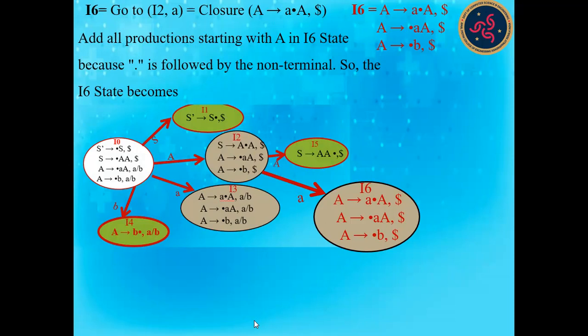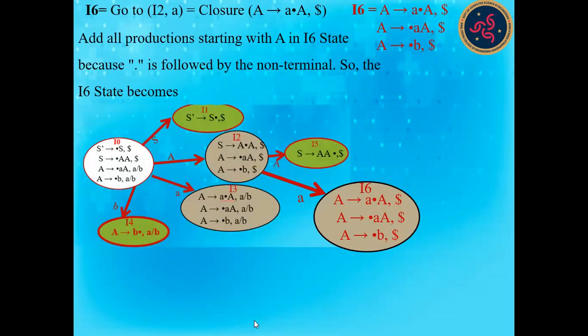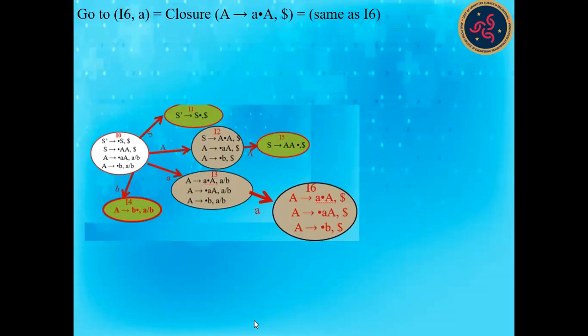Okay, so now we have considered terminal A. Again, we need to consider the terminal B. What comes after A, if B is coming? So I6, it means I6A I have considered, right? So what is I6A? That is, I have to apply the closure on A gives A dot A, comma, dollar symbol. Here this is I6.